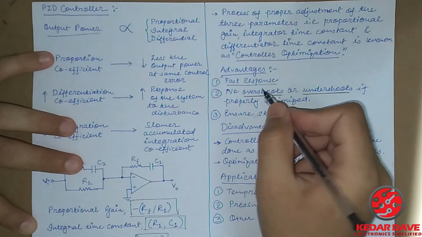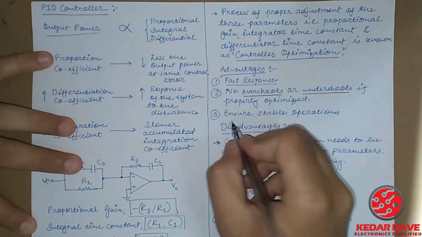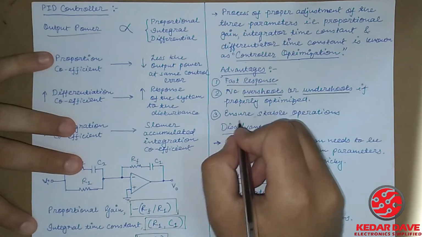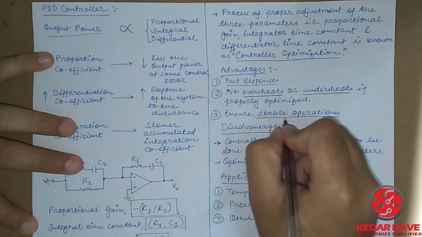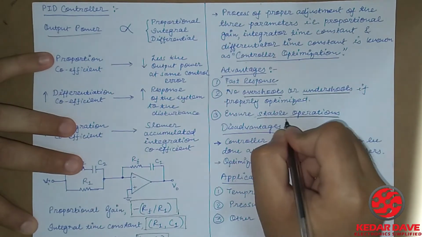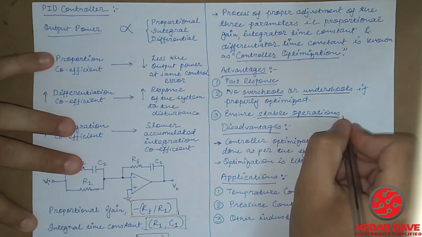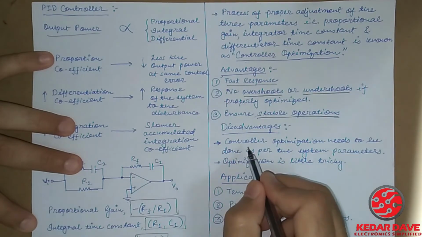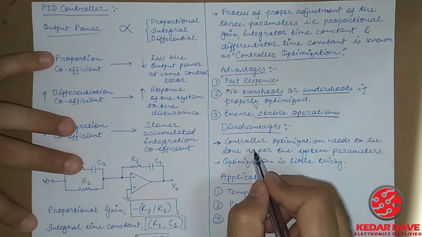So what we need to take care of is all the parameters in the circuits. By optimizing this, we can ensure stable operation. So our main purpose is stable operating conditions, right? That can be achieved by this optimization. After that, there are some disadvantages too.